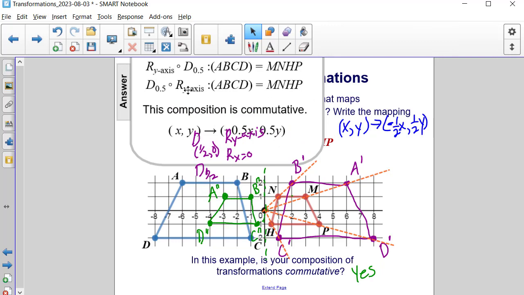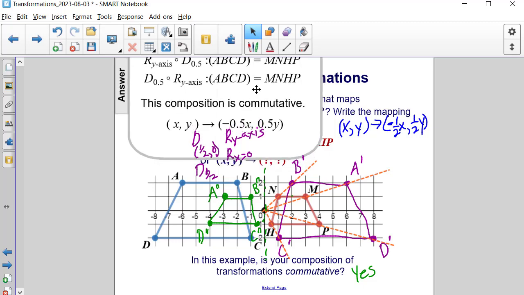So again, you could write it as a reflection across the y-axis after a dilation with a scale factor of 1/2 of ABCD is equal to MNHP. You could also write it as a dilation with a scale factor of 1/2 after a reflection across the y-axis of ABCD is equal to MNHP.